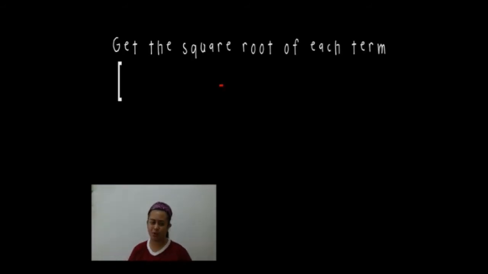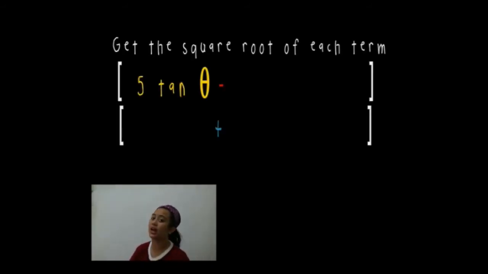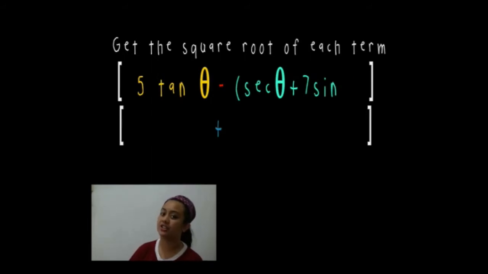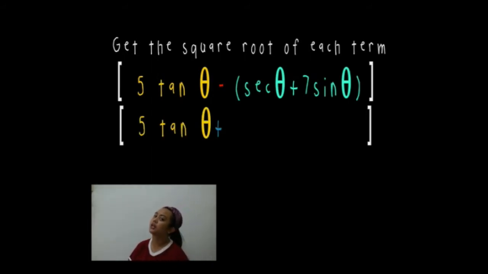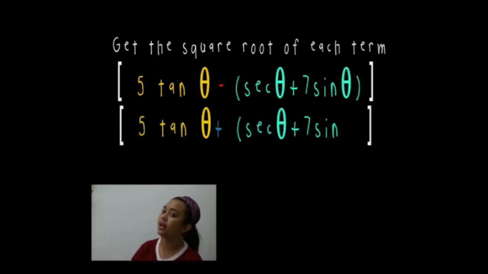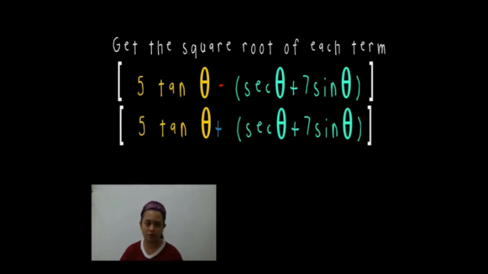We now get the square root of both terms. So our expression will begin to look like quantity 5 tangent theta minus secant theta plus 7 sine theta, multiplied to 5 tangent theta plus secant theta plus 7 sine theta.